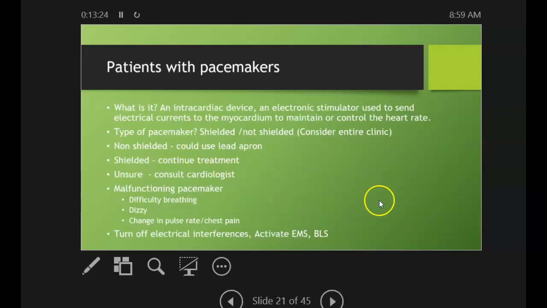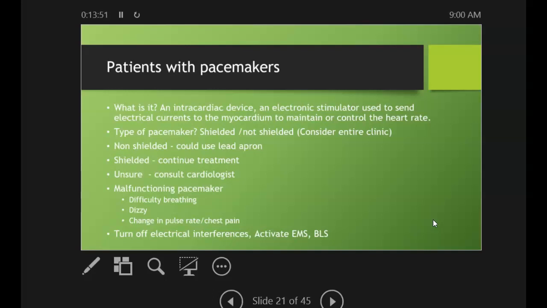Patients with a pacemaker have an intracardiac device, an electronic stimulator used to send electrical currents to the myocardium to maintain or control their heart rate. Pacemakers are shielded or non-shielded. We have to think about patients who come into the clinic and the huge use of electronic devices and ultrasonics.